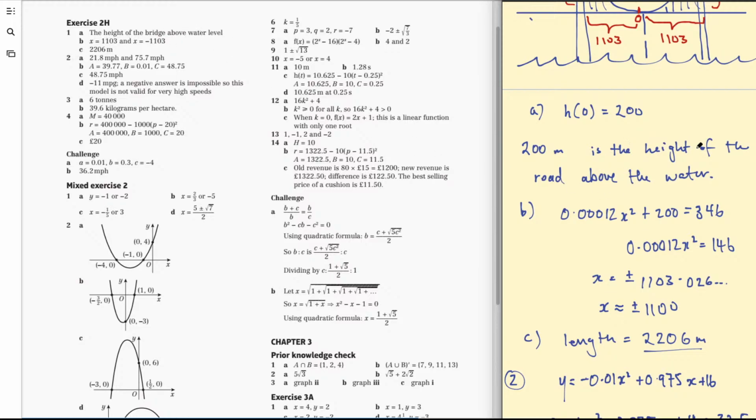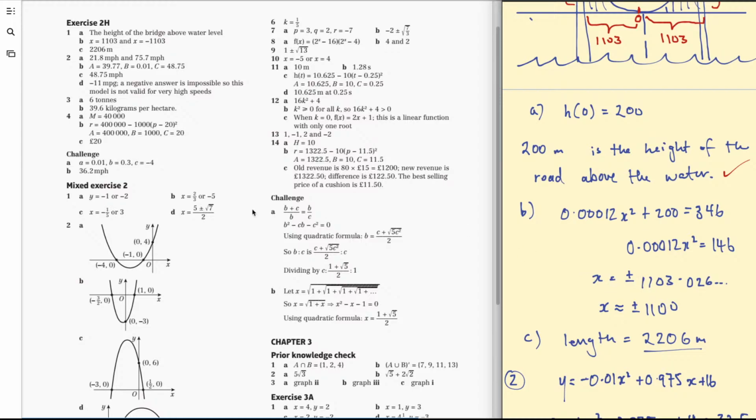The height of the bridge, the road, I said the road. Oh, bridge or road I think is fine.